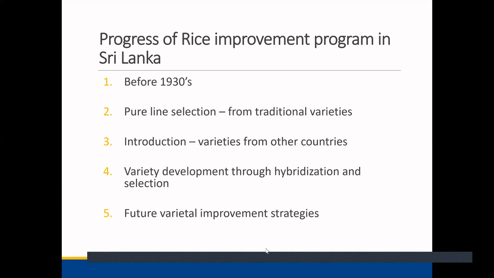Students, do you have any questions in these two steps? Okay, so if I put a question like what has happened in the first step, that's before the 1930s, and the pure line selection, can you explain?